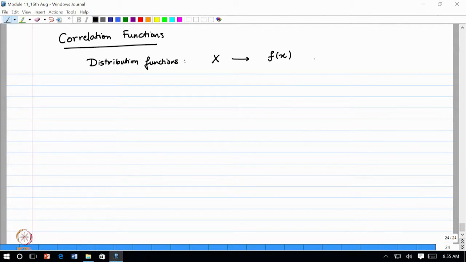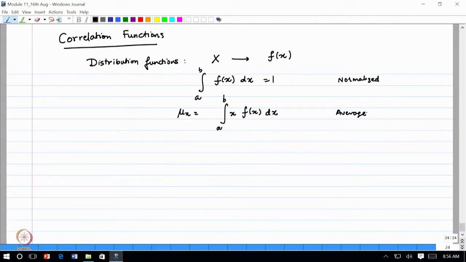And what you say is that integral f of x over whatever the range is, let us say a to b dx equal to 1, and average value of x is integral a to b x times f of x dx, and this is normalized, this is average, and you can take any arbitrary moment.